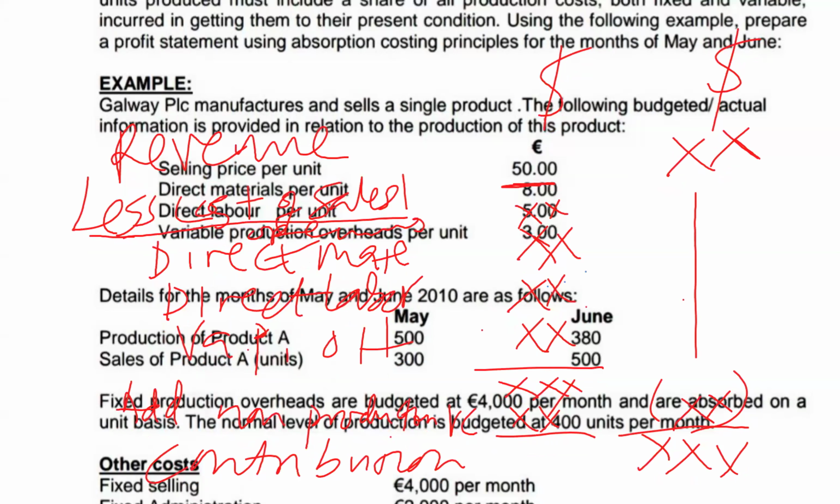From the normal profit and loss statement that you learned in accounting, when you deduct the full cost, both fixed and variable, from revenue, you will have gross profit. But when you're dealing with marginal costing, what you will have is not gross profit, it is called net profit.